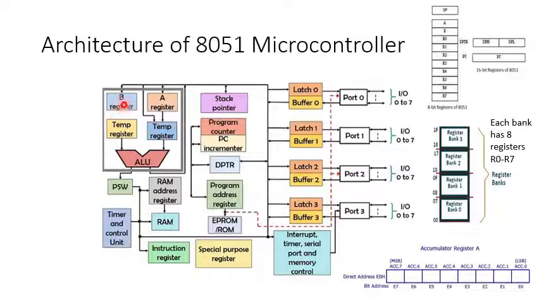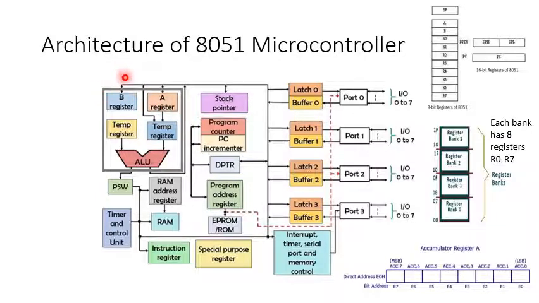Next, we will see the B register. It is not present in our 8085, but the 8051 has this B register. Let us have a close look at the function of the B register now. It is a special 8-bit math register. It is bit and byte accessible, similar to the A register.